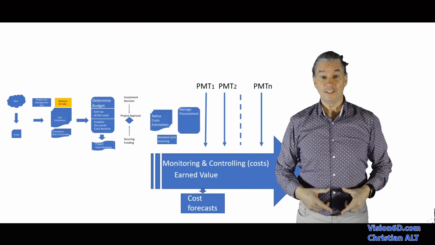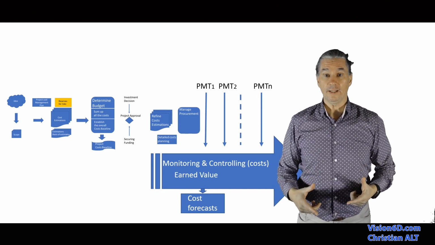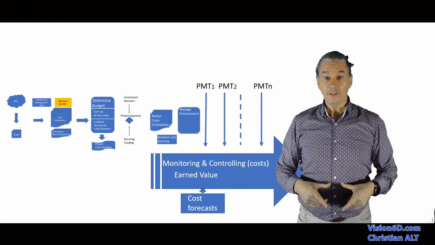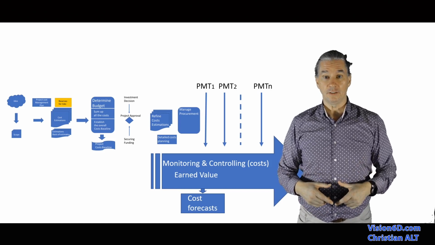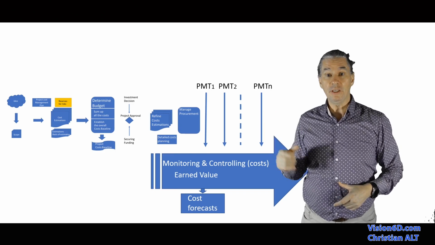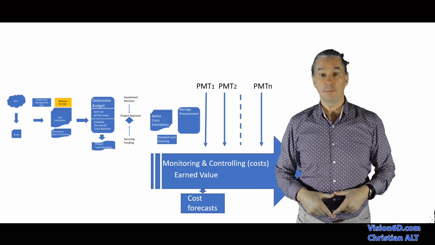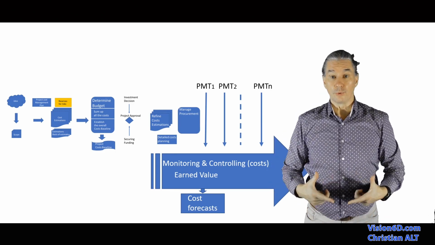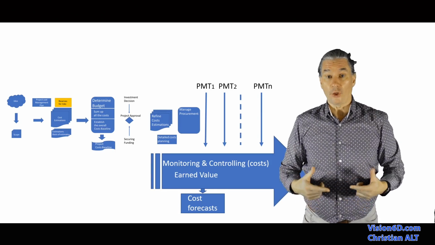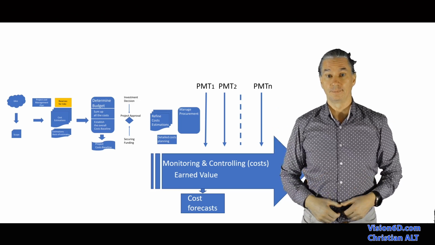We are moving ahead in this project and things are happening well. So well that we start to receive the first bills from the suppliers. You see that I indicated that we need to do payments, with those indications as PMT, and these are the payments which are scheduled and must be done. When the project manager is in charge of the costs, he must also get this information about bills and payments.